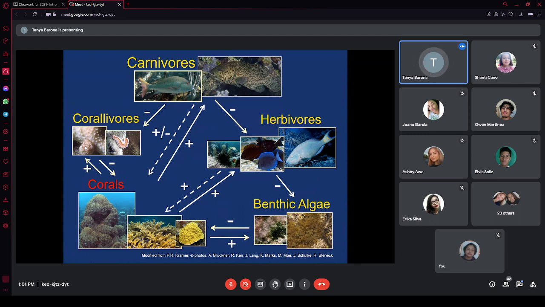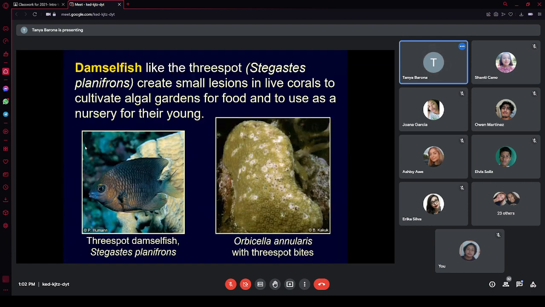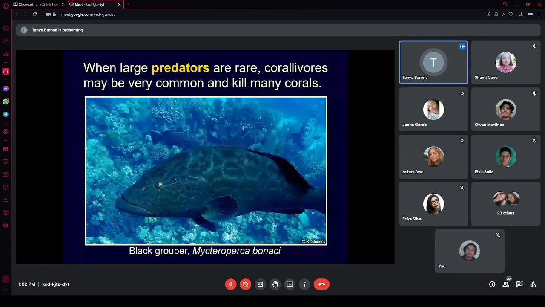The damselfish does grasp at some of the coral as well, so it does have a negative impact, but not as severe as the corallivores, which are literally coral eaters. So when you have a lack of larger predators that feed on the corallivores, then you have a surplus of the corallivores, and the impact to the reef is then magnified.